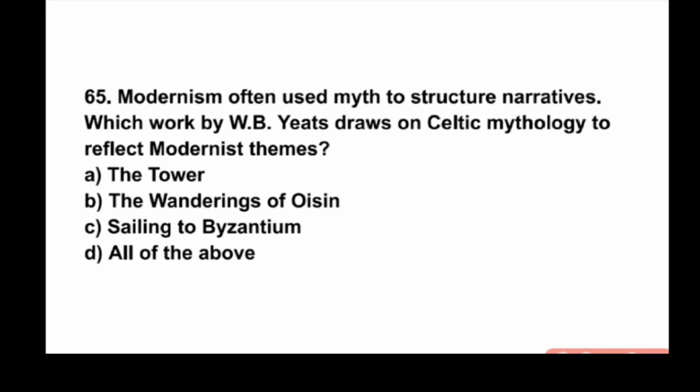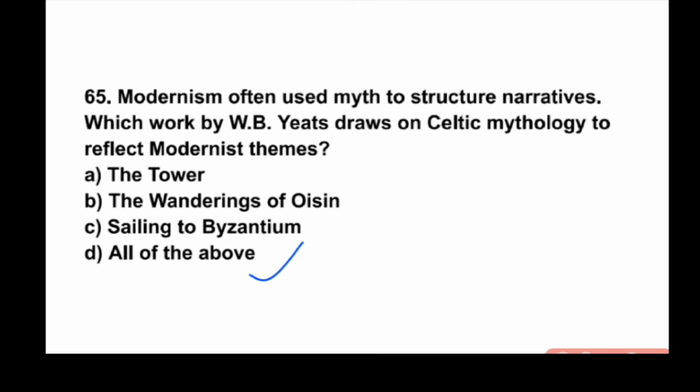Modernism often used fragmented structure in narratives. Which work by William Butler Yeats draws on Celtic mythology to reflect modernist themes? The Tower, The Wanderings of Oisin, and Sailing to Byzantium. All of the above, option D is the correct answer.